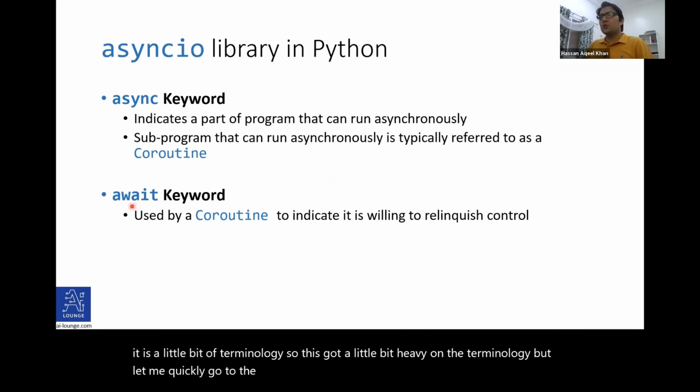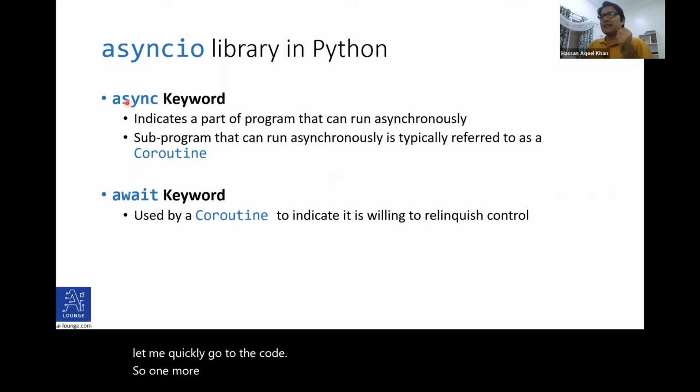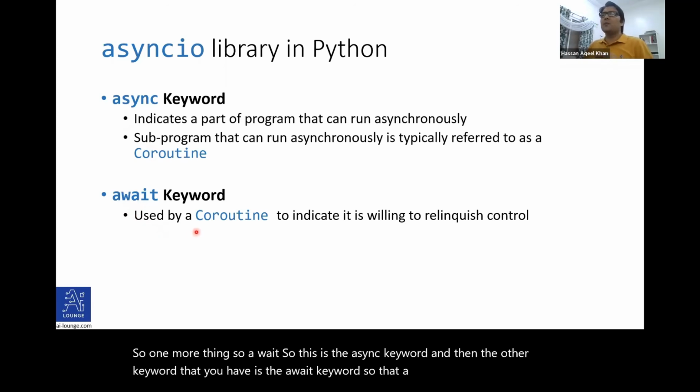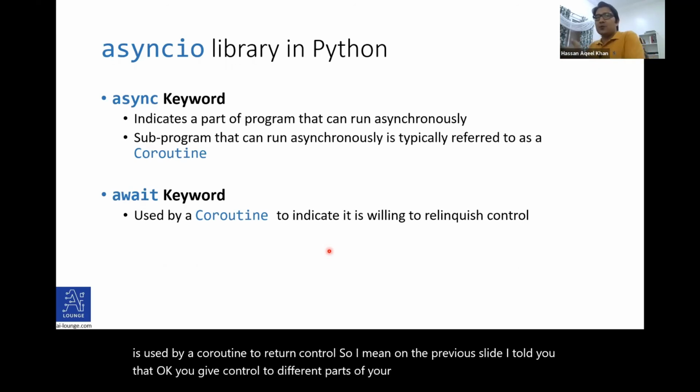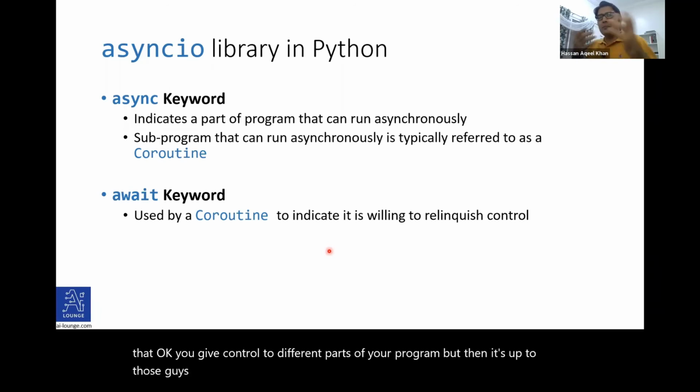One more thing. This is the async keyword, and the other keyword that you have is the await keyword. The await keyword is used by a coroutine to return control. On the previous slide, I told you that you give control to different parts of your program, but then it's up to those parts to return that control back, right?